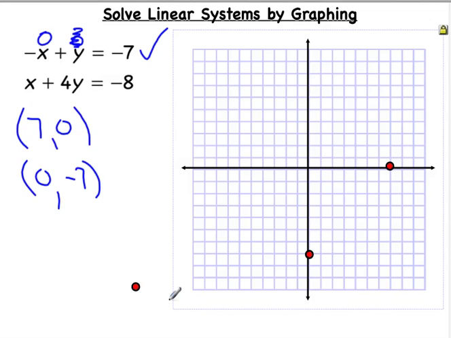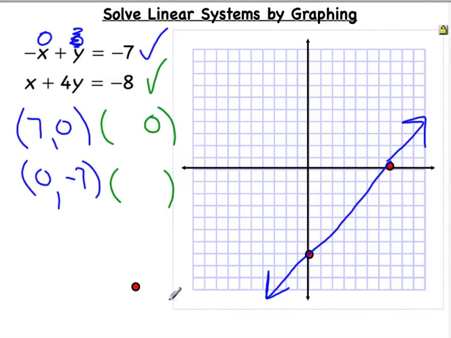When it's in standard form, we have to rely on the best we can as far as drawing our line. That's not great, but we'll deal with it. And then in green, I'm going to find the x and y intercepts of the second equation. If I plug in 0 for y, I get x equals -8. If I plug in 0 for x, I get 4y equals -8, so y is -2.